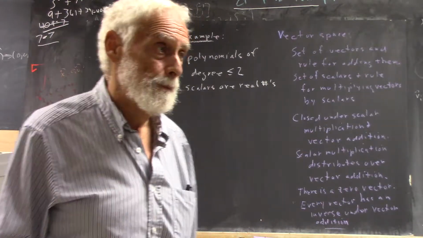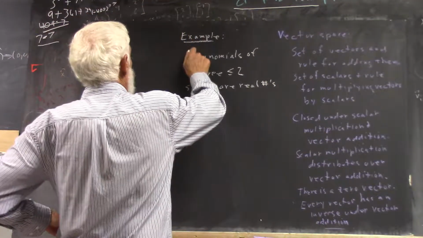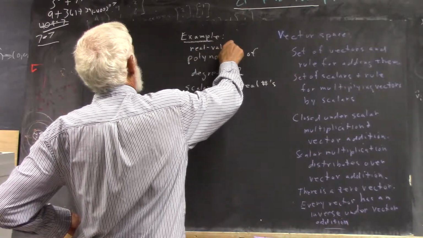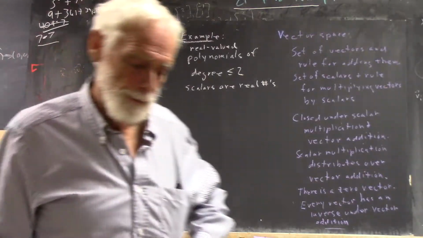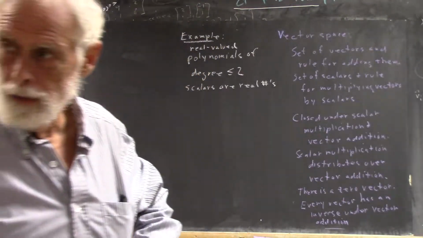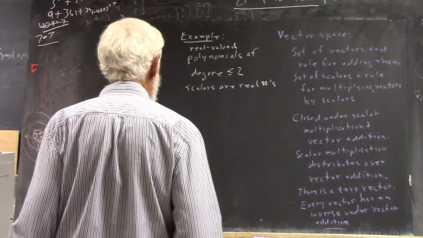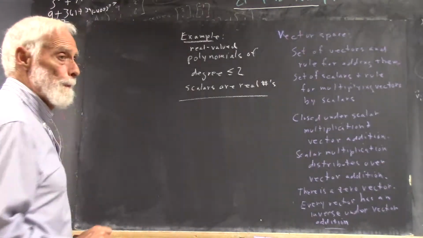Okay? I'd like to do complex values, but let's do real-valued polynomials of degree less than or equal to 2, so we don't have to worry about the details of complex numbers. The scalars are real numbers. Okay?